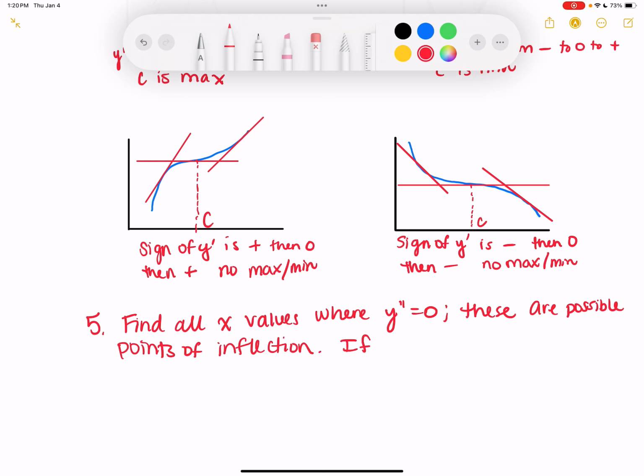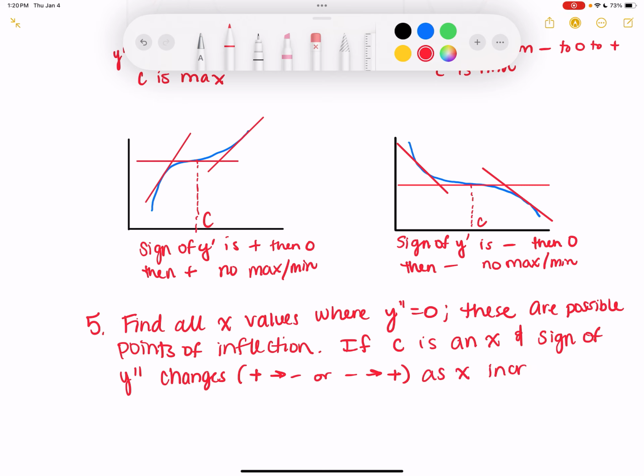If c is an x and the sign of y double prime changes from positive to negative or negative to positive as x increases through c, then c is an x-coordinate of the point of inflection.